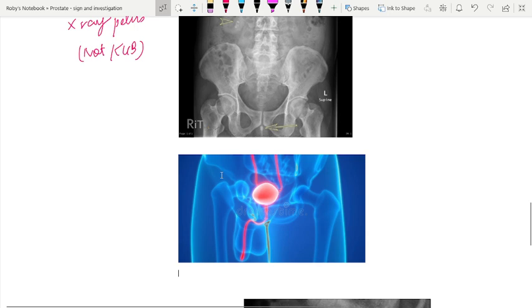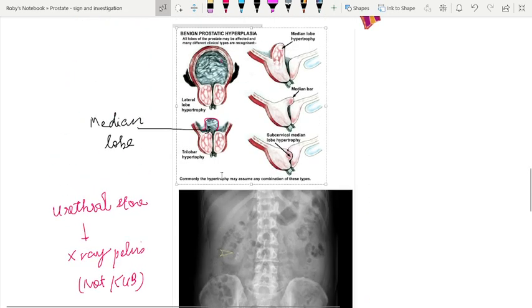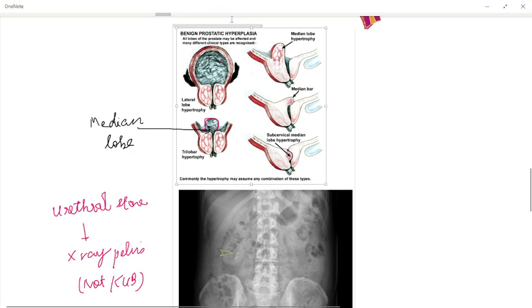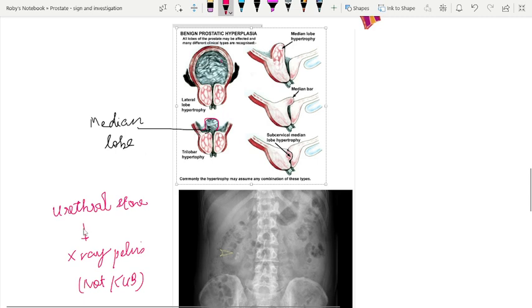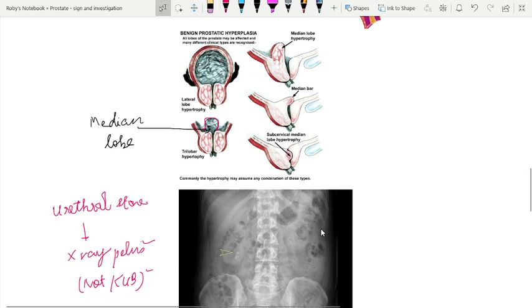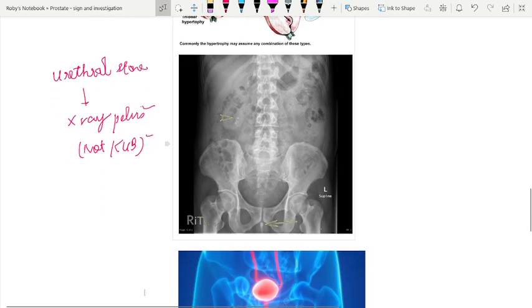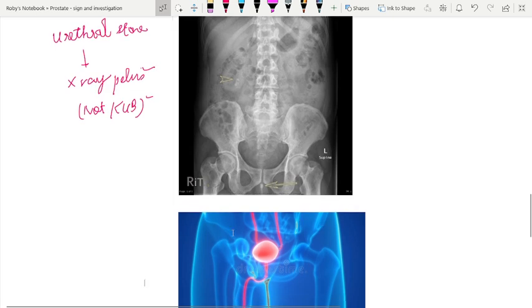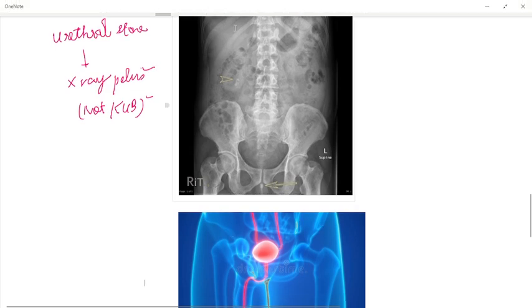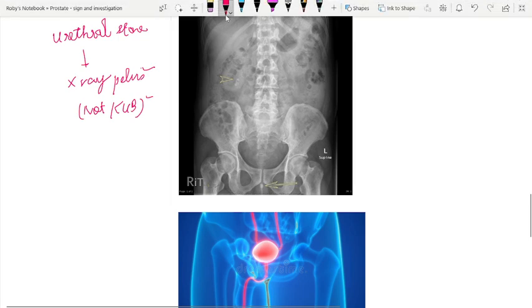For poor flow, there are two other diagnoses for which investigation is required, like urethral stone. For urethral stone, the investigation of choice is X-ray pelvis, not X-ray KUB, because you can see in this X-ray that the stone is visible here, right?